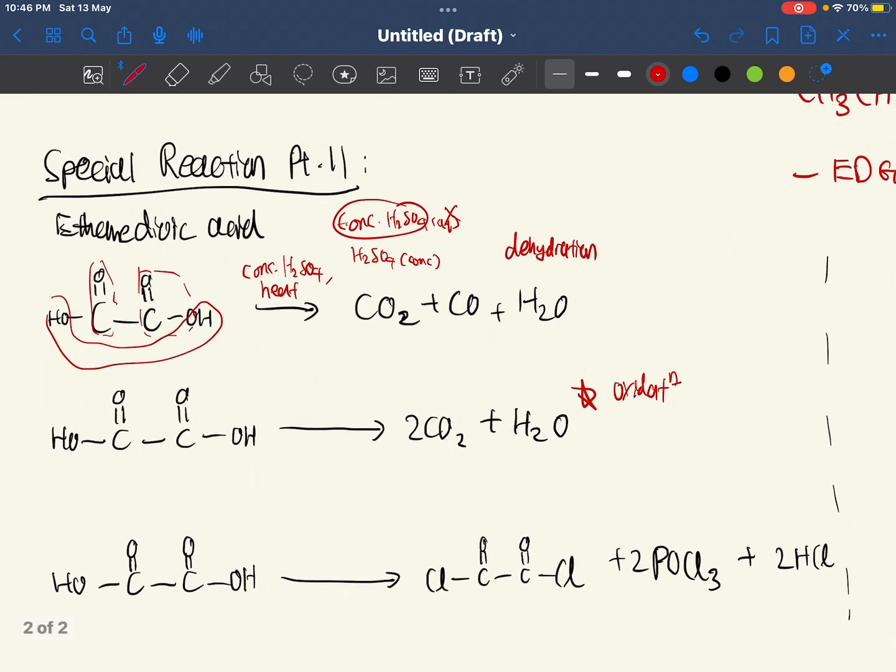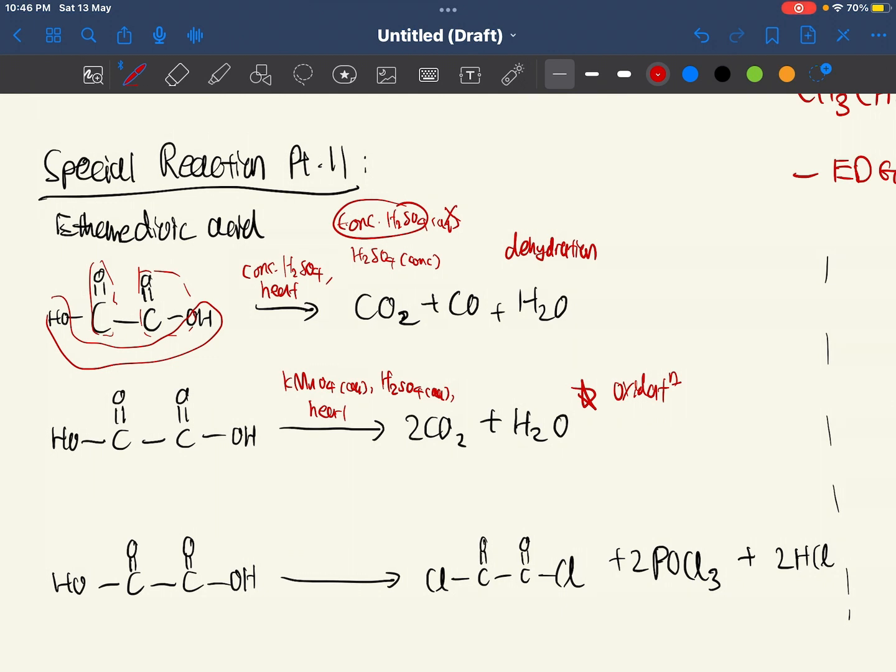Okay, so the next one is oxidation. So we know with our KMnO4, sulfuric acid, and we have our heat. So strong oxidation, as we've seen in alkene as well. So it will become this. Yep, so it's nothing new.